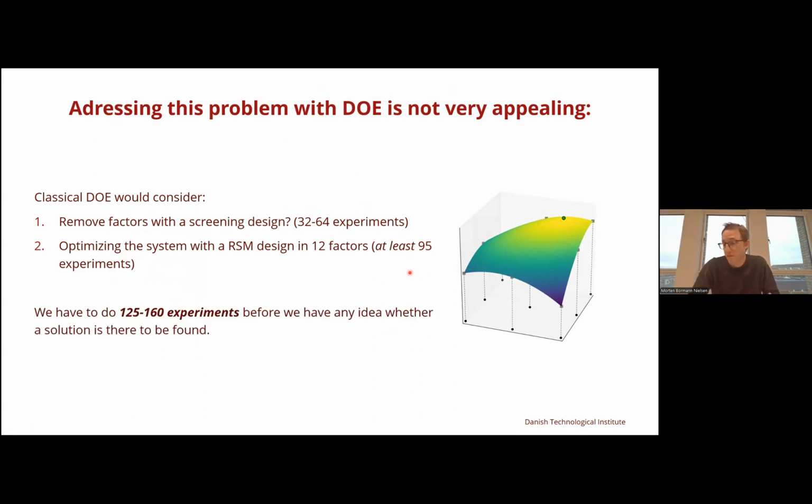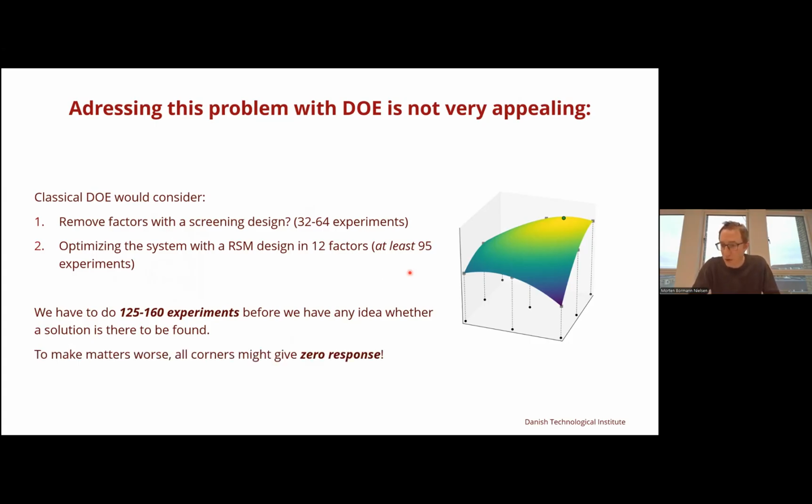For a problem of this complexity, in a very optimistic case where I am assuming very good data quality, you would need to run something like 120 to 160, maybe 200 experiments just to figure out whether there is a solution to be found anywhere.